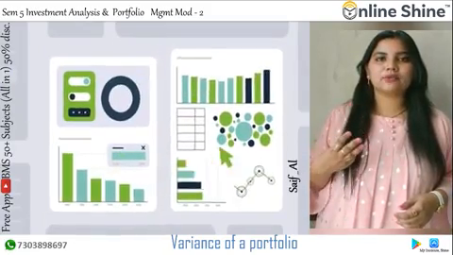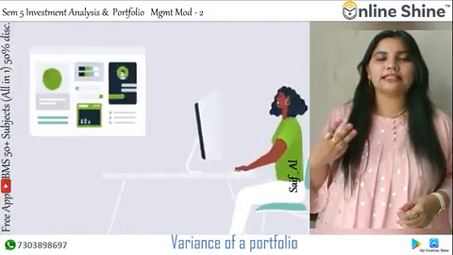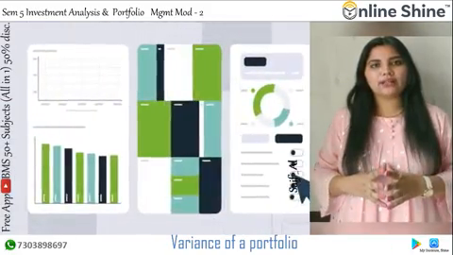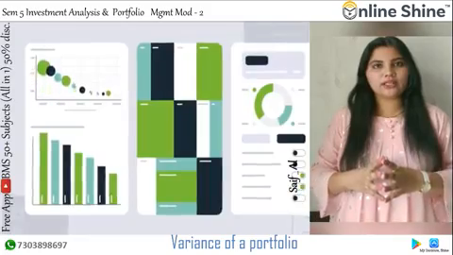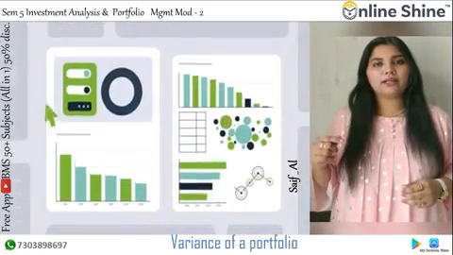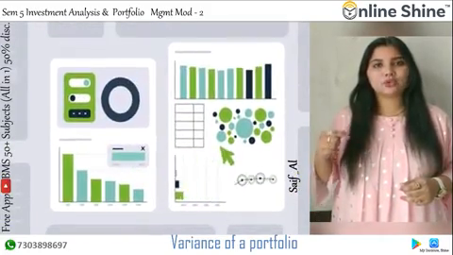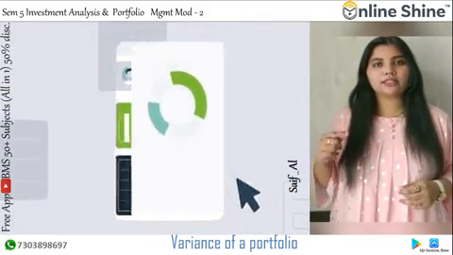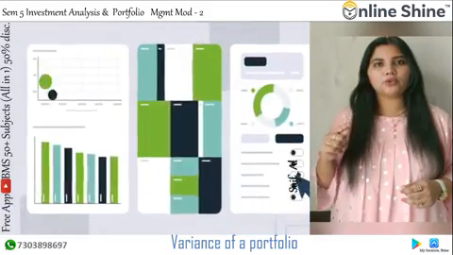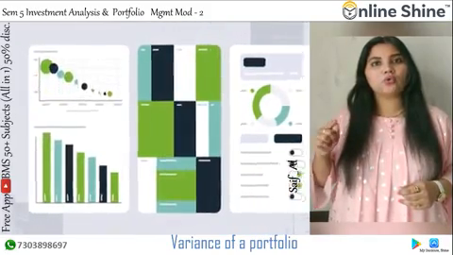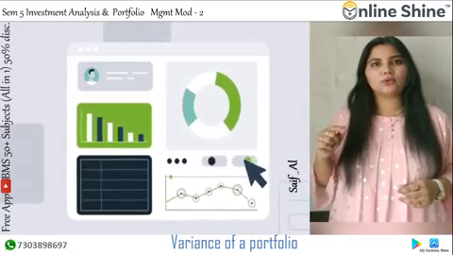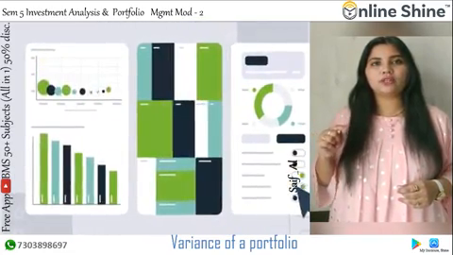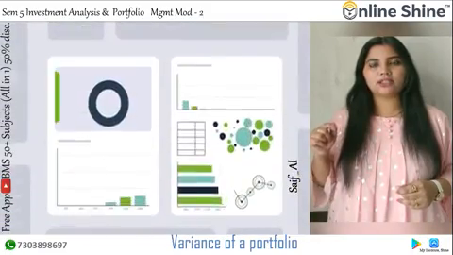For a 3 asset portfolio, the variance formula is as follows. Sigma square equals W1 square sigma 1 square plus W2 square sigma 2 square plus W3 square sigma 3 square plus 2 W1 W2 sigma 1 sigma 2 rho 12 plus 2 W2 W3 sigma 2 sigma 3 rho 23 plus 2 W1 W3 sigma 1 sigma 3 rho 13.